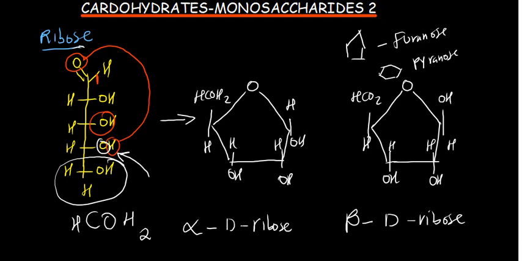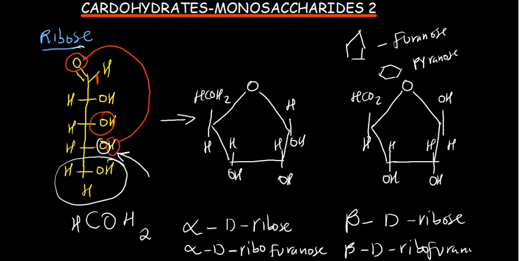So therefore the name can also be said as, this is alpha D ribo, instead of me finishing ribose, I'll say ribo Furanose. And then this is beta D ribo Furanose. So those are the names, and that's where we're going to end for now.